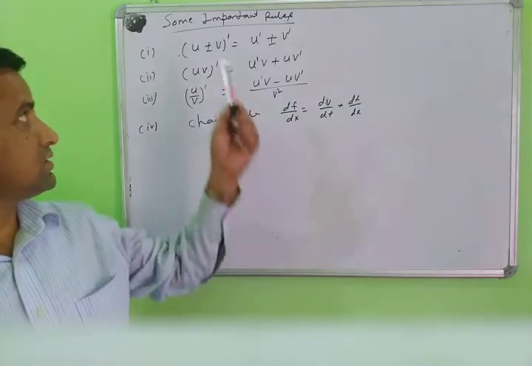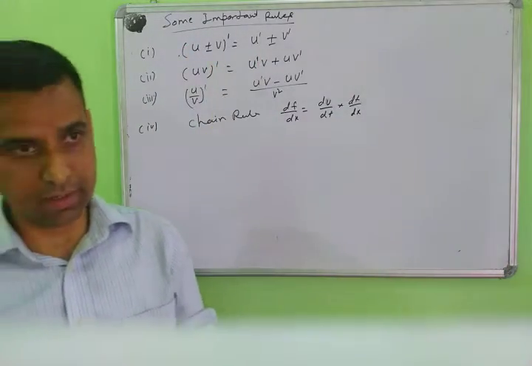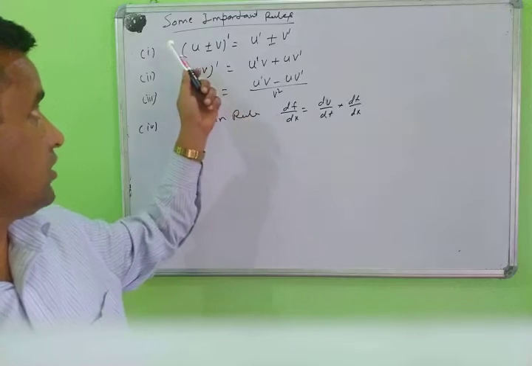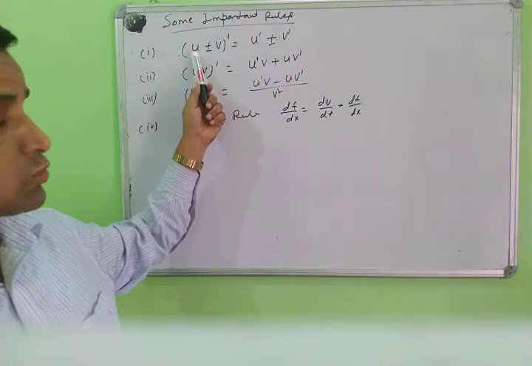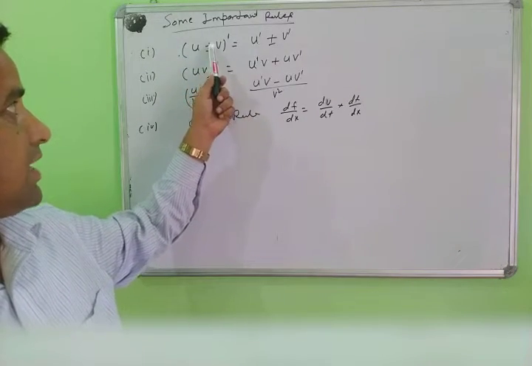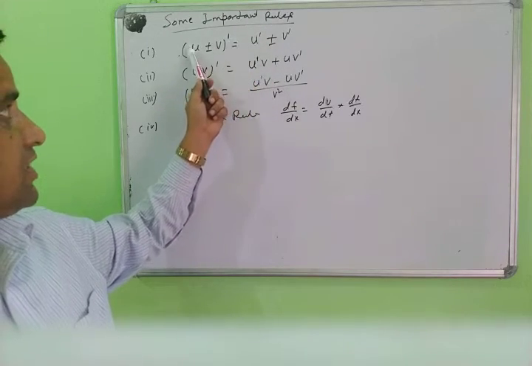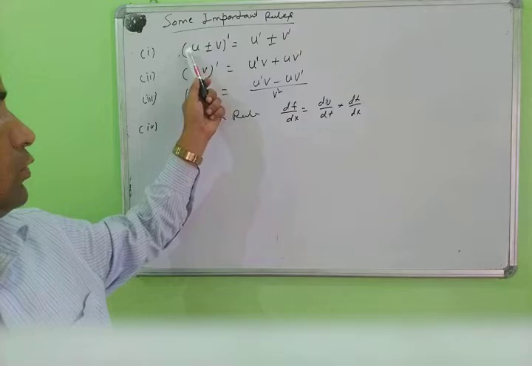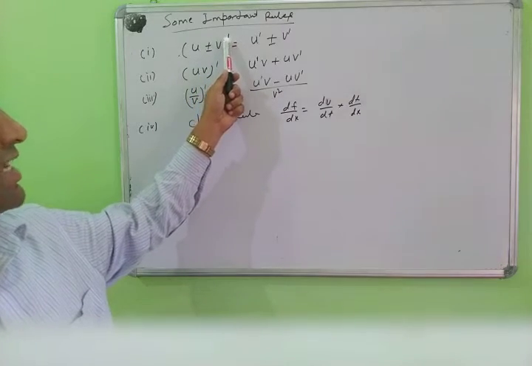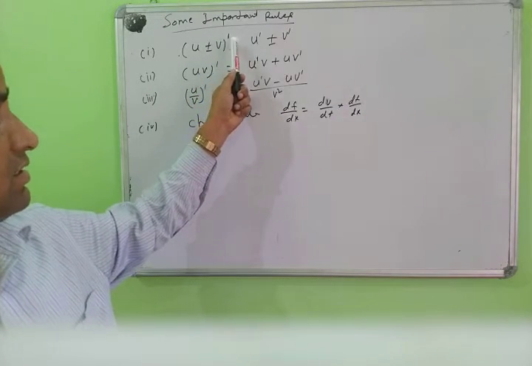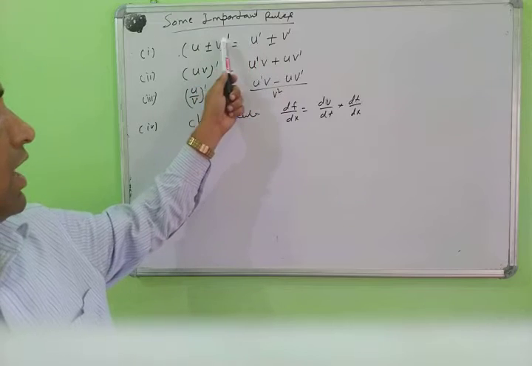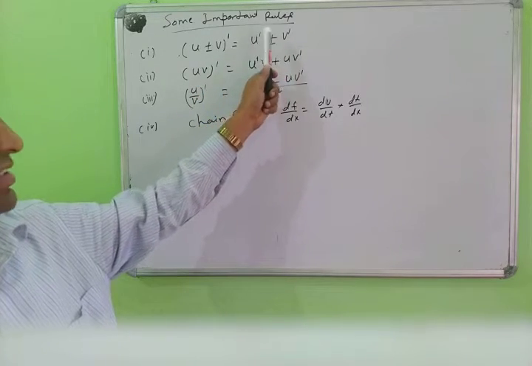Yes, students, some important rules here. First rule: suppose two functions u and v, with plus, minus, multiply or divide. Differentiation of two functions u and v: the dash sign means differentiation. That means u and v are each differentiated separately.